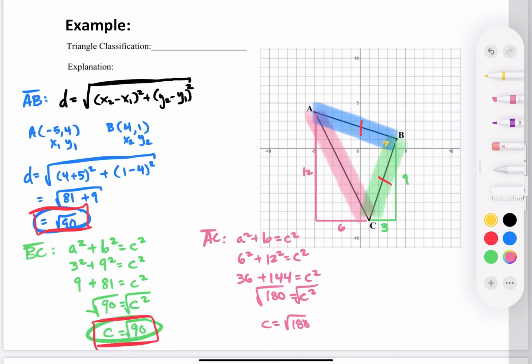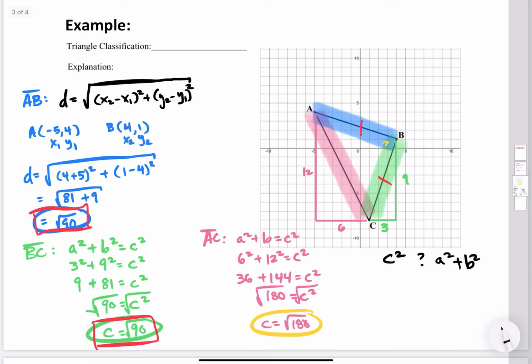So what we're going to do is take the longest side, and that longest side that we have here is this square root of 180, and we're going to check our Pythagorean relation. So I'm going to do our Pythagorean relation to check to see if it's an acute, obtuse, or a right triangle. So that means c squared is either going to be greater than, less than, or equal to our a squared plus b squared.